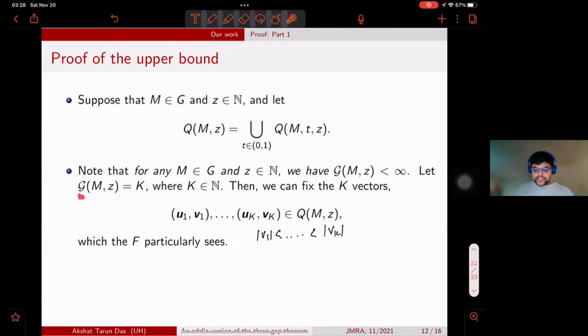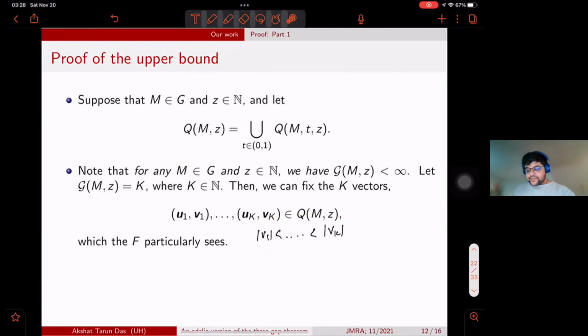Why is this? Because G was counting the number of distinct values that the function f takes. So since it is equal to K, these are the distinct K values that the function f is going to take. We have some technical assumptions while we choose these lattice vectors in our paper, and they are basically meant to just ensure that we have the lattice vectors organized properly like this. And these are actually going to be the only lattice vectors that the function f is going to see.